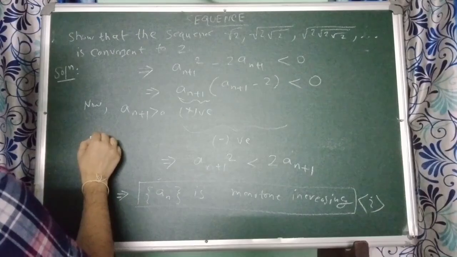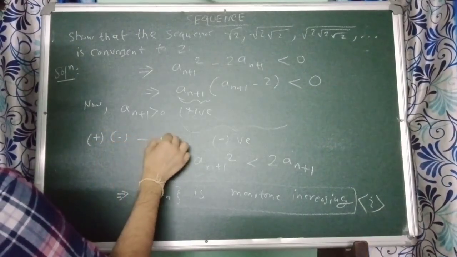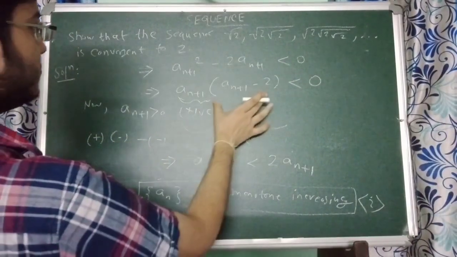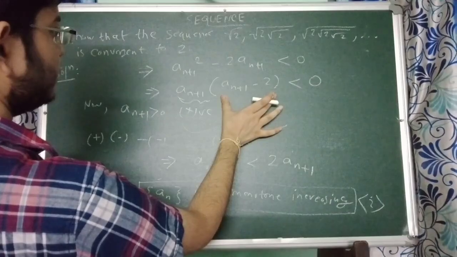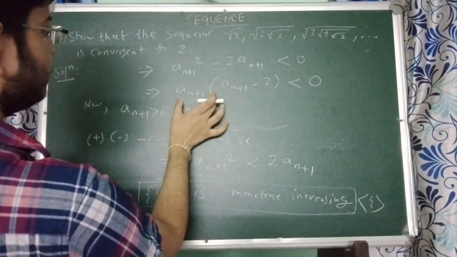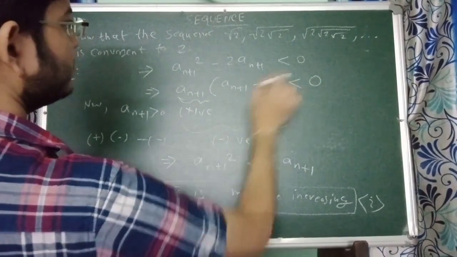We know that plus into minus becomes minus. So this part cannot be plus, because if this part is a positive quantity, then plus into plus becomes greater than 0, which contradicts the inequality.